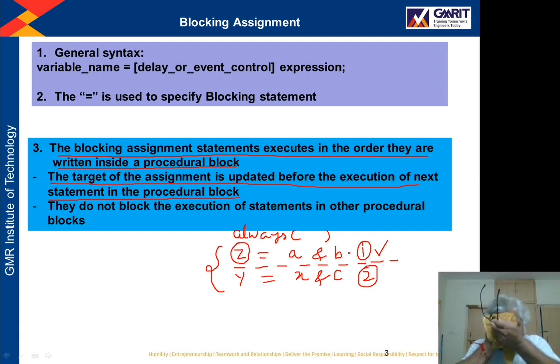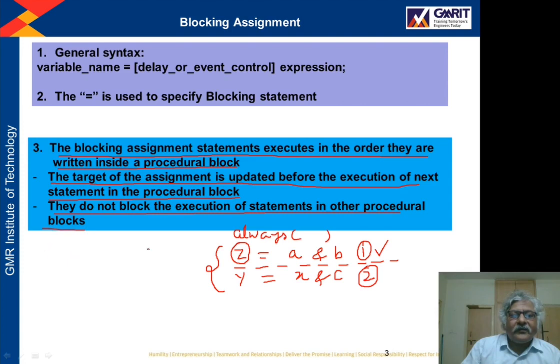It blocks all the other statements which appear after this particular statement. They do not block the execution of statements in other procedural blocks.